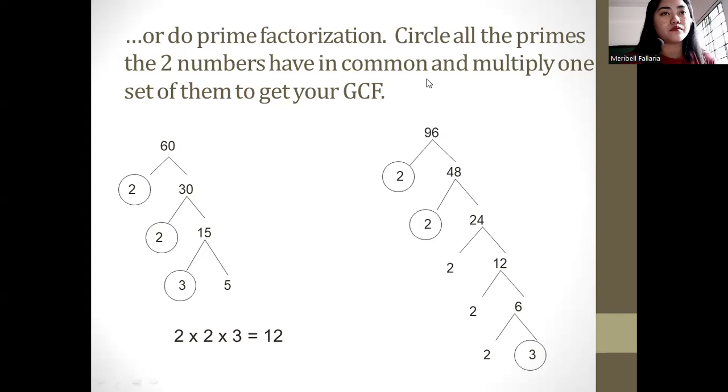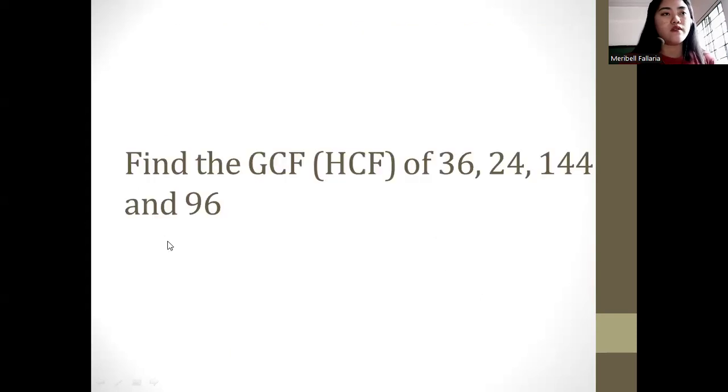So we're going to multiply one set of them to get your GCF. We have 2 times 2, 4 times 3 is equal to 12. As you can see, we only use one, the common one. Next one, let's have another example.